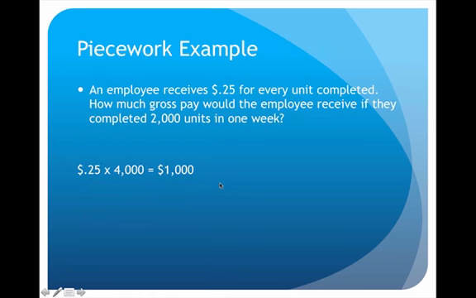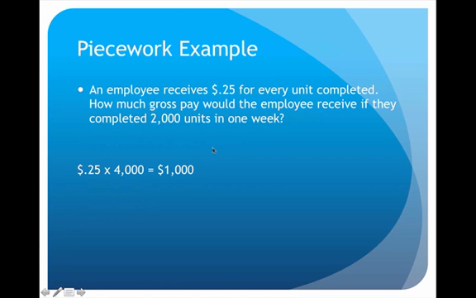Now this example is a piecework example. And in this case, an employee receives 25 cents for every unit completed. And remember, we said this is generally seen in manufacturing positions.